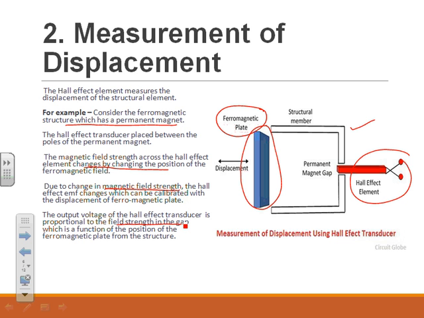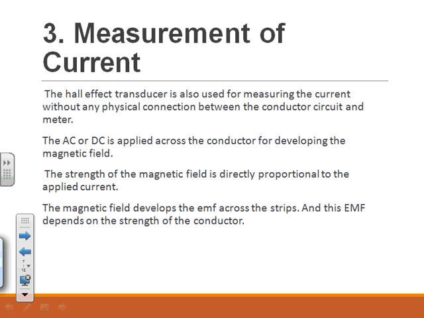And the next is measurement of current. The Hall effect transducer is also used for measuring current without any physical connection between the conductor circuit and the meter. So AC or DC is applied across a conductor for developing a magnetic field.